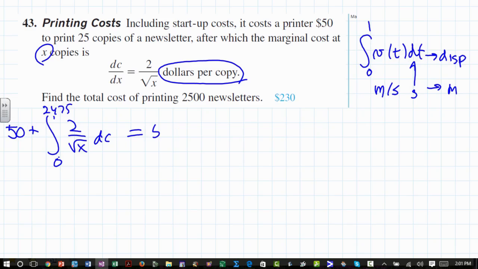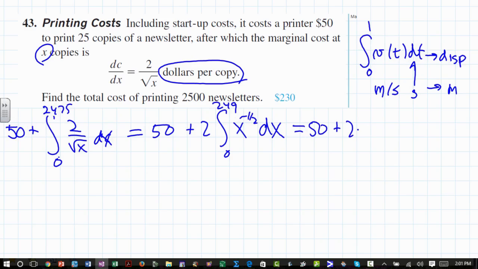We find the antiderivative. I'm going to take that 2 out, and I'm going to rewrite that square root of x as x to the negative 1/2 power. It's really in terms of x. And I'm going to get 50 plus 2 times, I'm going to add 1 to the exponent and get positive 1/2. I'm going to multiply by the reciprocal of 1/2, which is 2.